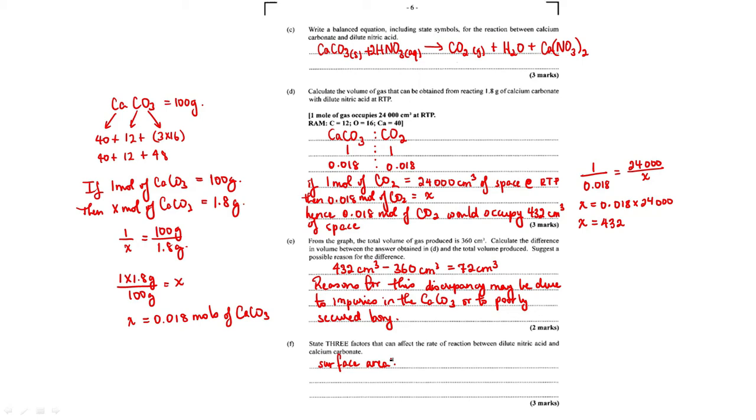So let's go with concentration. If you had a more concentrated acid, you would have a faster reaction. Pressure is another one. Surface area. Temperature could increase the reaction as well. So all of those.